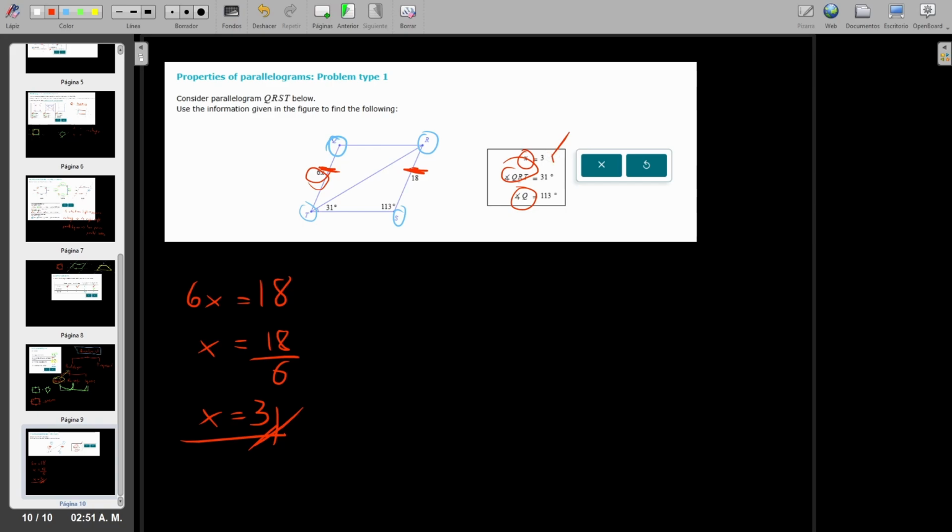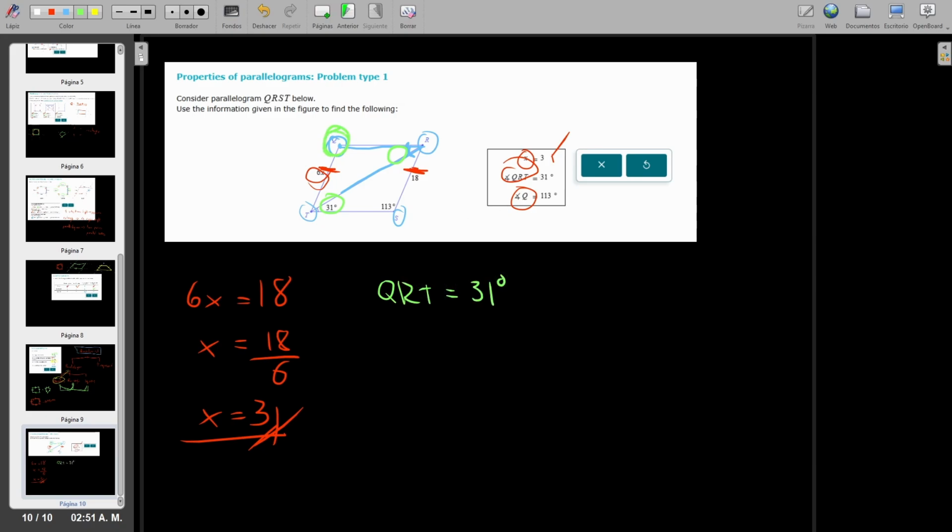That is correct. Now they're asking us to find the value of the angle QRT, meaning Q going to R and going to T. So this one. By the definition of internal angles, this 31 is going to be the same as this angle. So QRT is going to be 31 degrees.